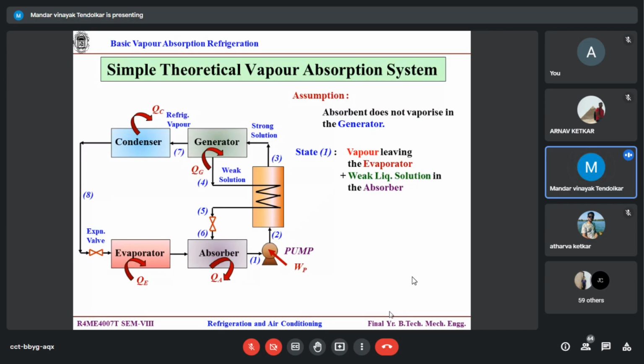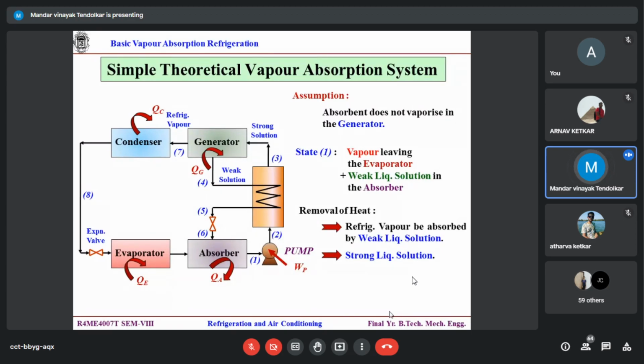Then, state 1. Now look at state 1, that is, the inlet to the pump. The vapor leaving the evaporator, the refrigerant of course, plus the weak liquid solution. Weak means not absorbed, simple absorbent. Now there will be the absorption process, then the removal of heat.